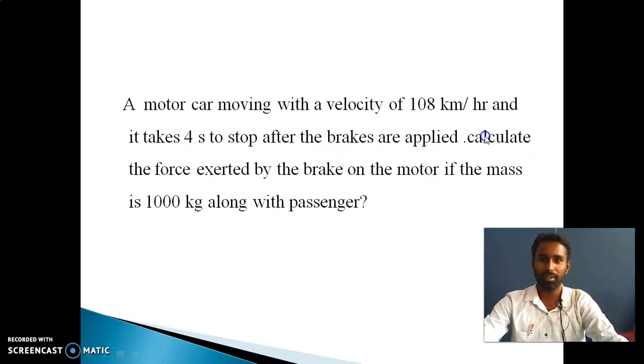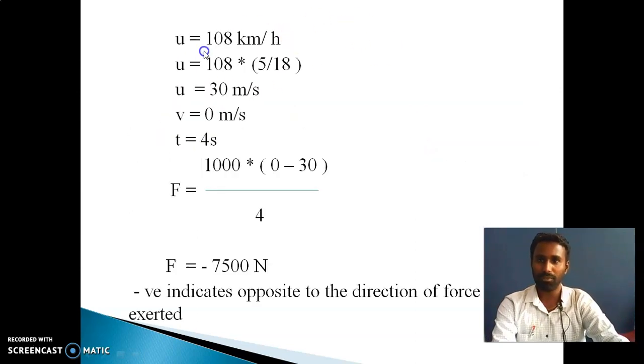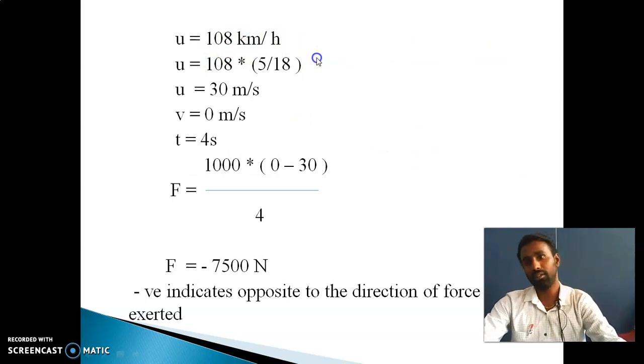So time they gave, calculate the force. So force we have to calculate. We know the formula force equal to ma. Okay, so we are going to solve this problem. First, we have to take u equal to 108 km per hour.